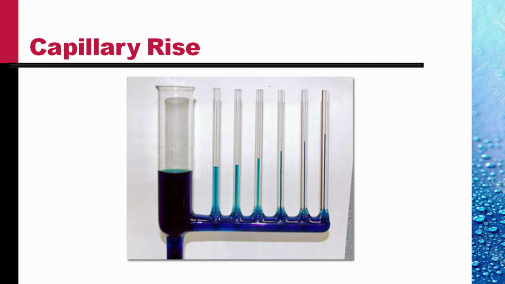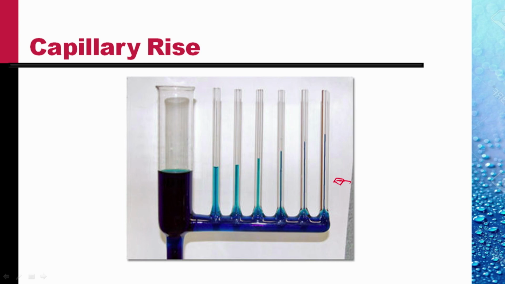In this picture is shown a container with a blue fluid and a number of tubes with varying bore. The leftmost tube has the largest bore, and the bore size decreases as you move to the right. So this tube has the smallest bore.